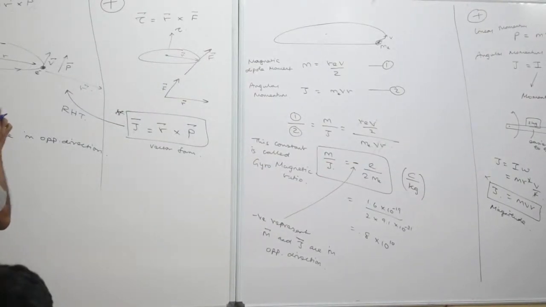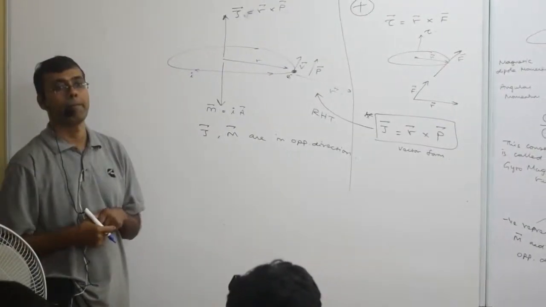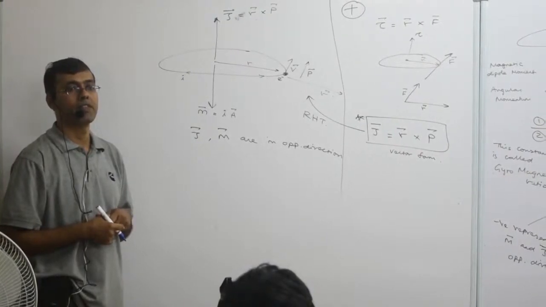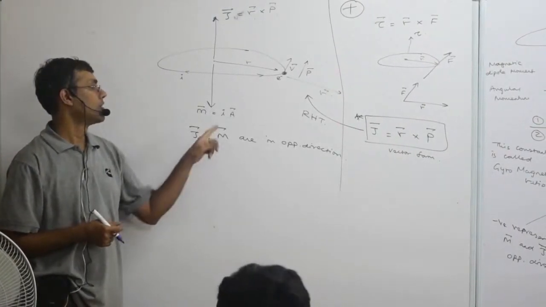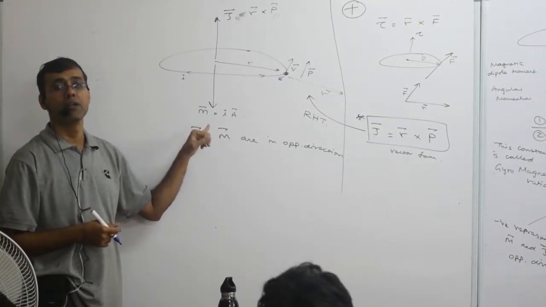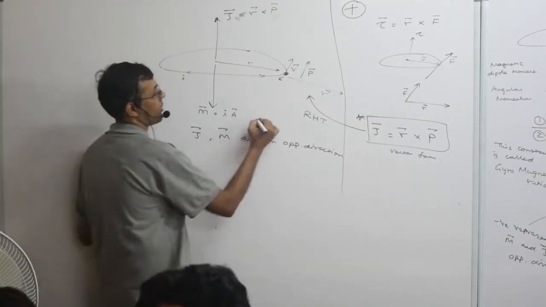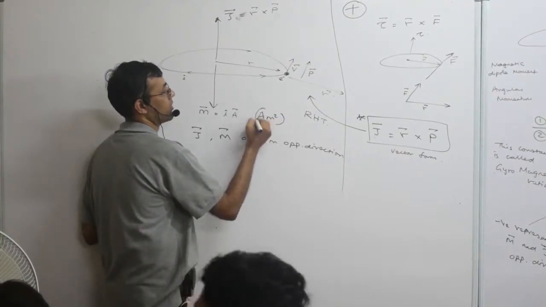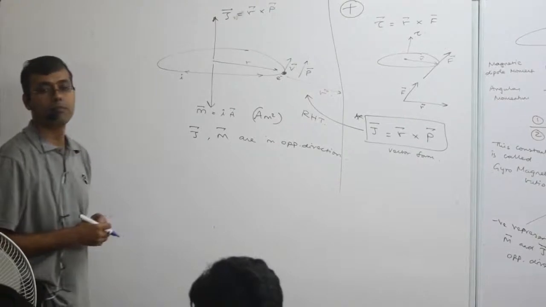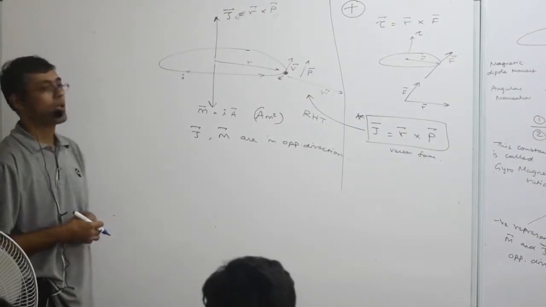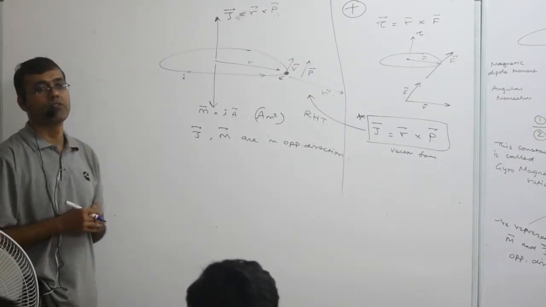Okay, let's come back here. What is the unit for magnetic moment? Simply go by simple things. Ampere meter square. Very good. This is ampere, this is meter square. Magnetic field is what is Tesla.